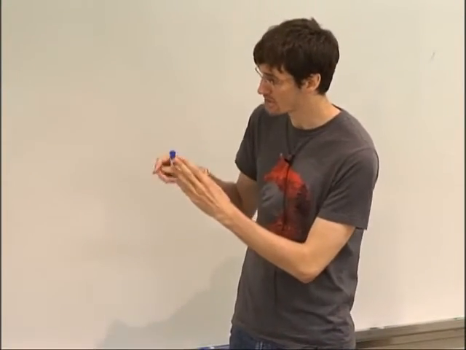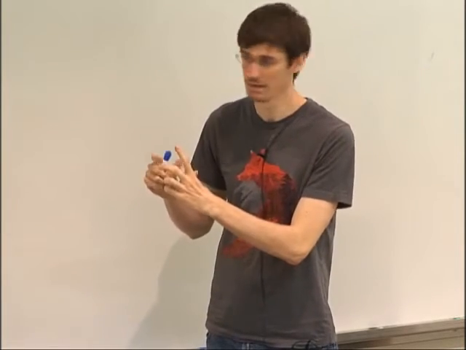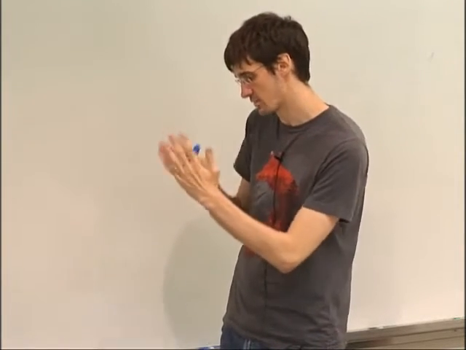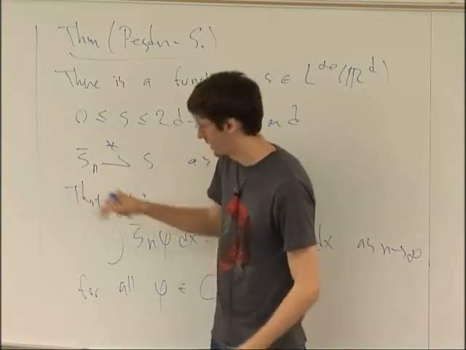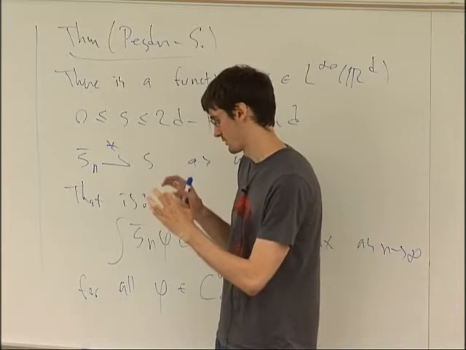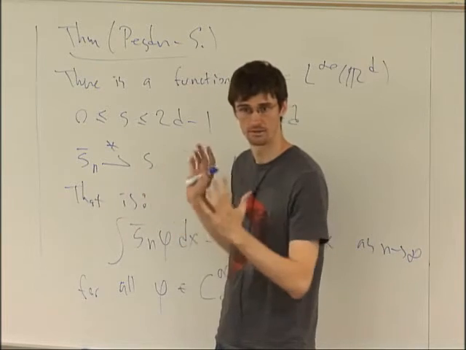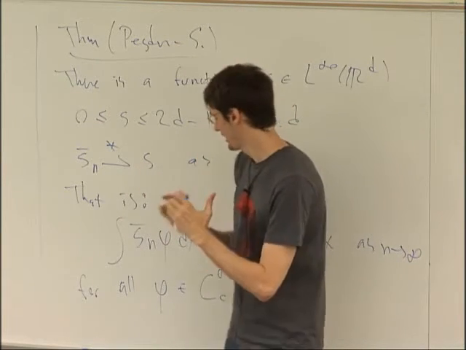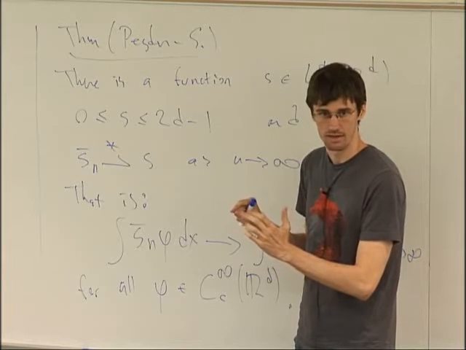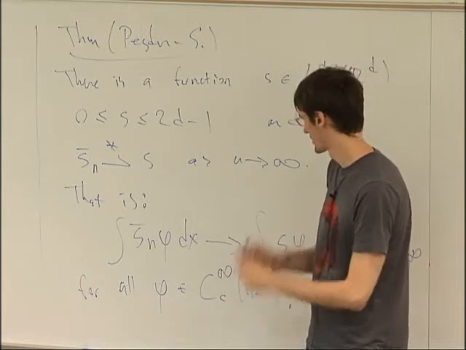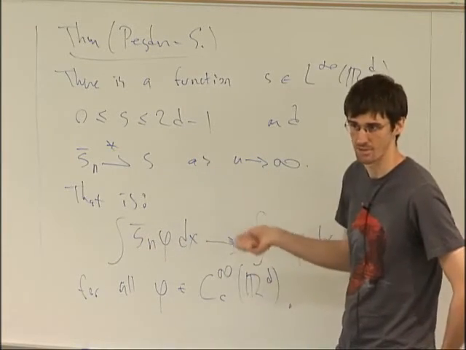But in other regions, you have these rapidly oscillating periodic patterns. As n gets bigger and bigger, those patterns stay the same, but you're zooming out on the pattern. In the limit, these patterns are replaced by their average value, rather than any of the individual values. And that's exactly what weak-star convergence captures.